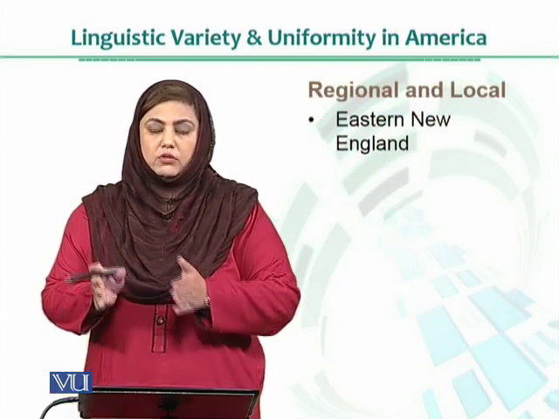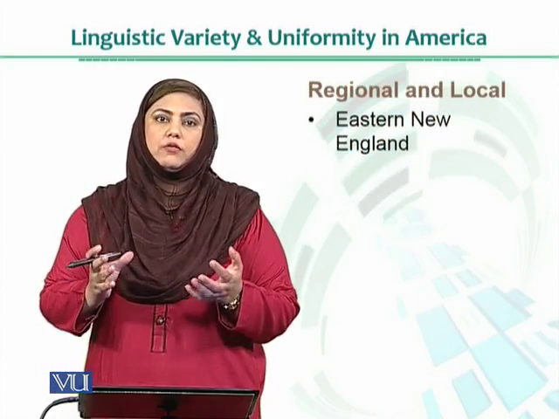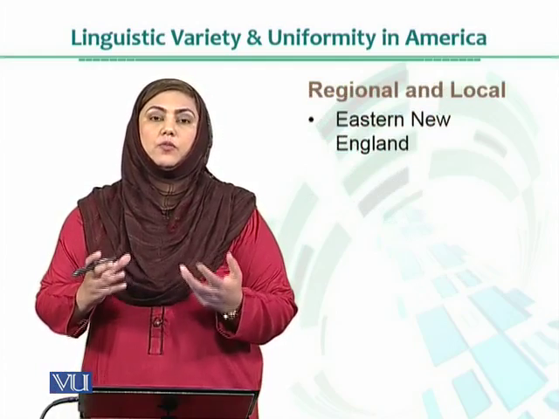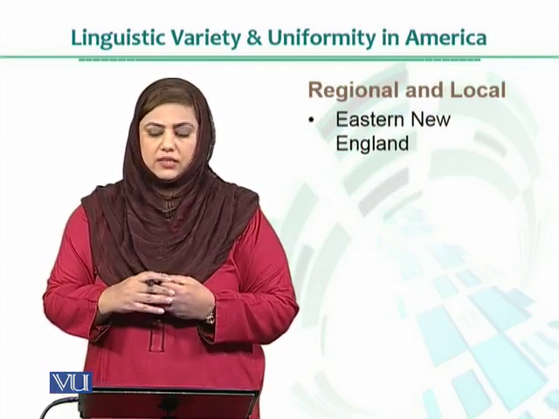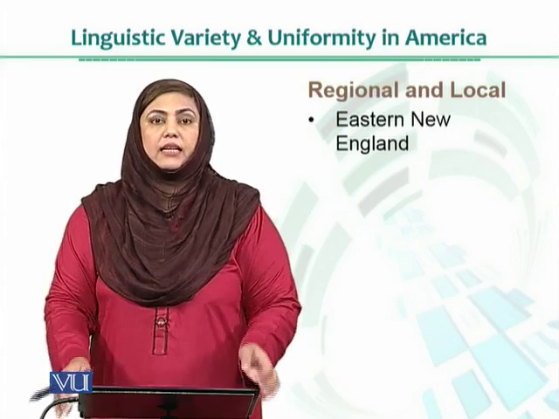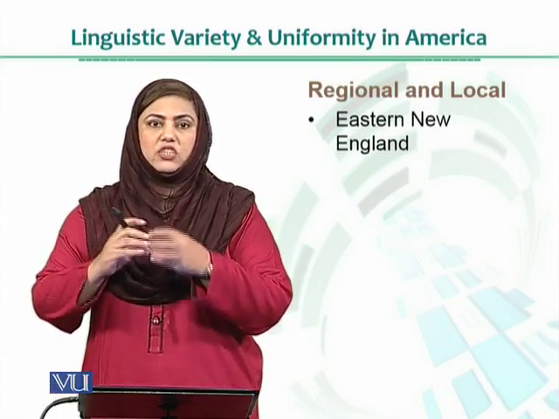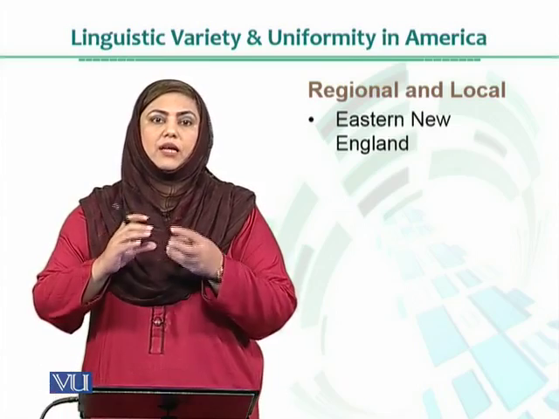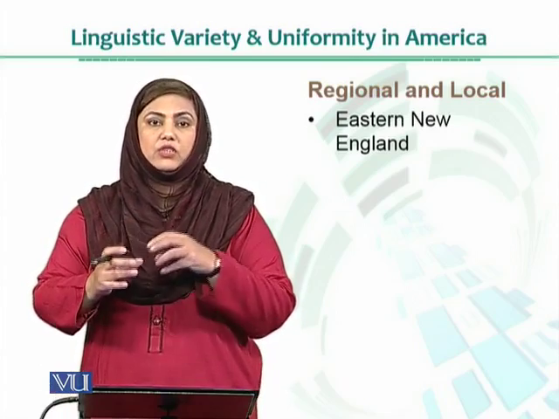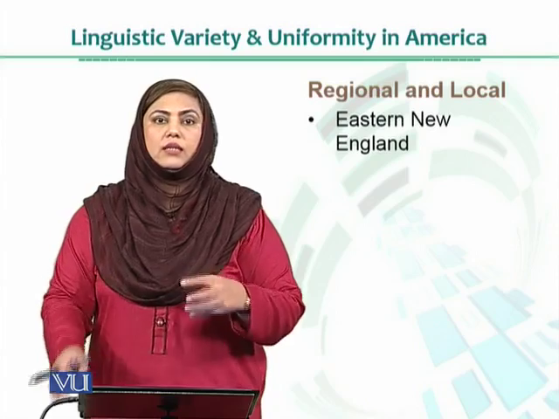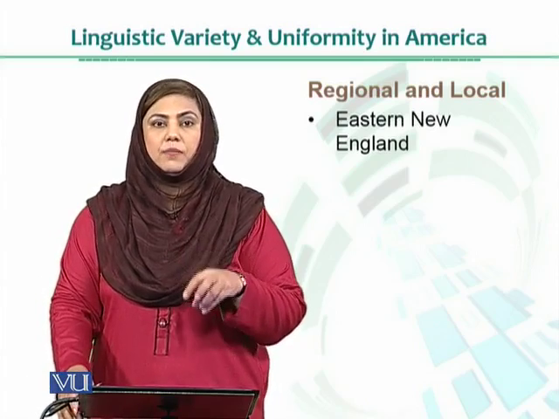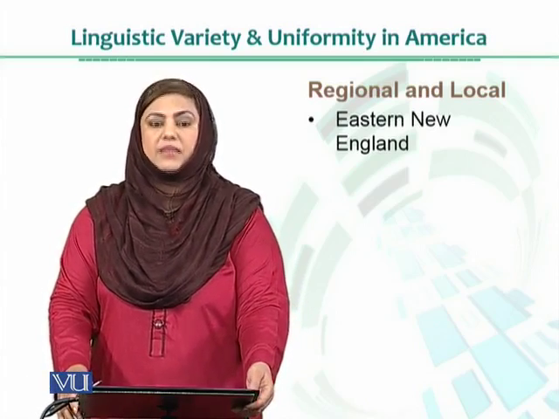With this, we move on to the regional and local varieties of dialects, or spoken varieties of English, across the United States. In fact, depending upon which region or which particular area this language comes from or where it is spoken, that area or region would determine that variety.